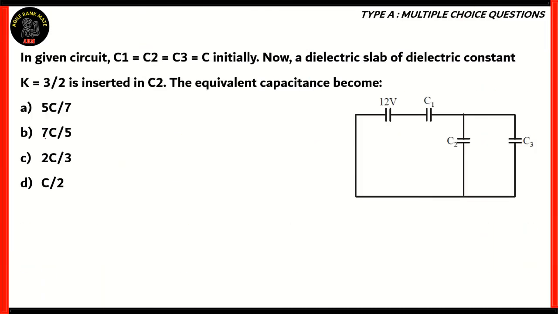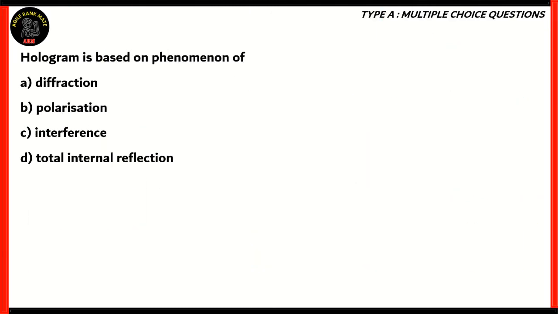So the new value of the equivalent capacitance is now 5C over 7. So option A again turns out to be the right one. So for all of these questions, we've used the underlying principle behind the question and then solved it like a numerical to get the correct option. Now let's move on to another question.